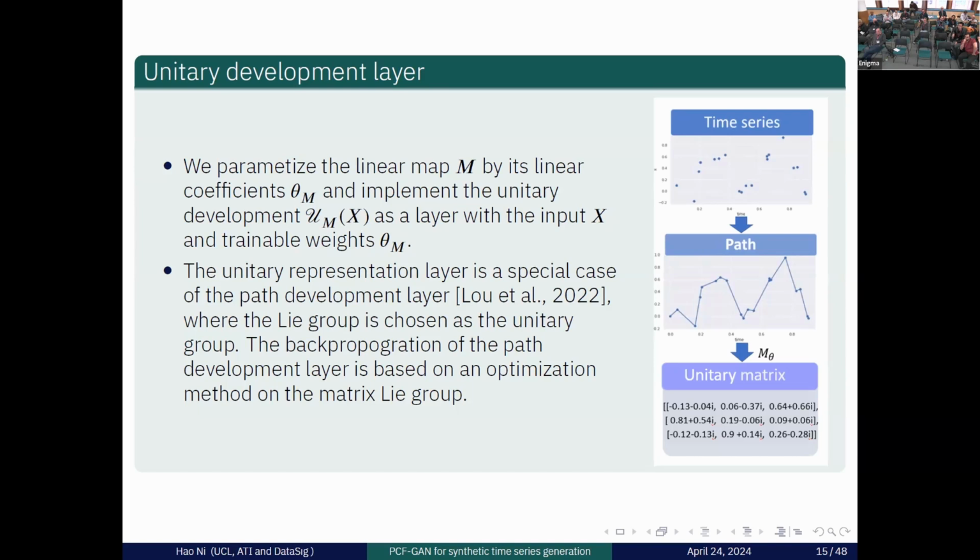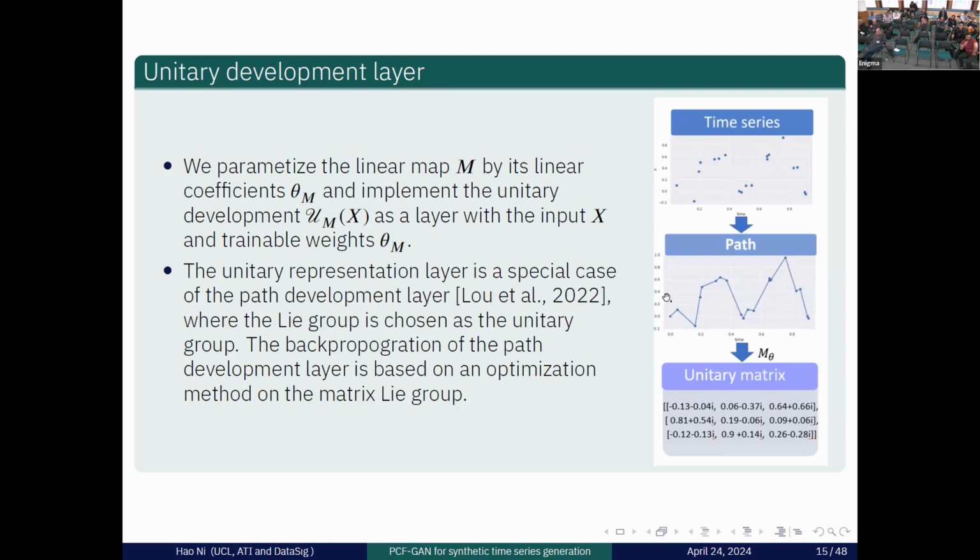Because the output of the development takes the value in the group, when we design the algorithm for the backpropagation, we need to take care of this group-valued output. So here we use the method called trivialization, which is an approach to solve the optimization of the matrix of the Lie group, and we succeeded in implementing the backpropagation of the unitary development layer.